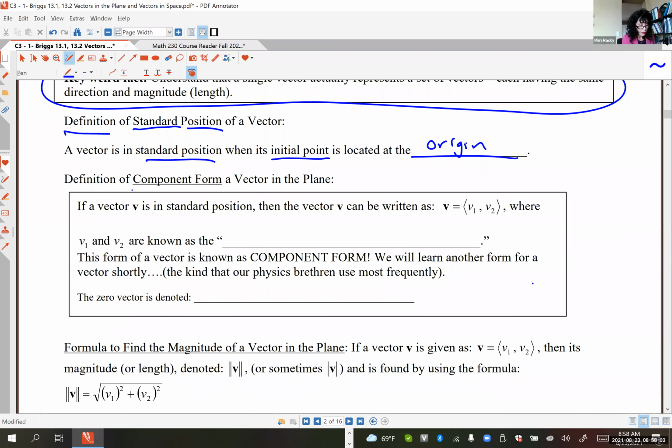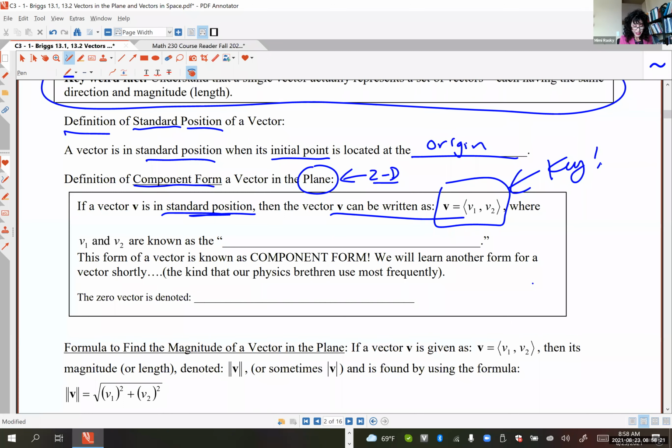All right, now let's talk about the definition of component form for a vector in the plane. So remember, plane means not an airplane, but it means 2D. If a vector v is in standard position, then the vector v can be written like that. What?